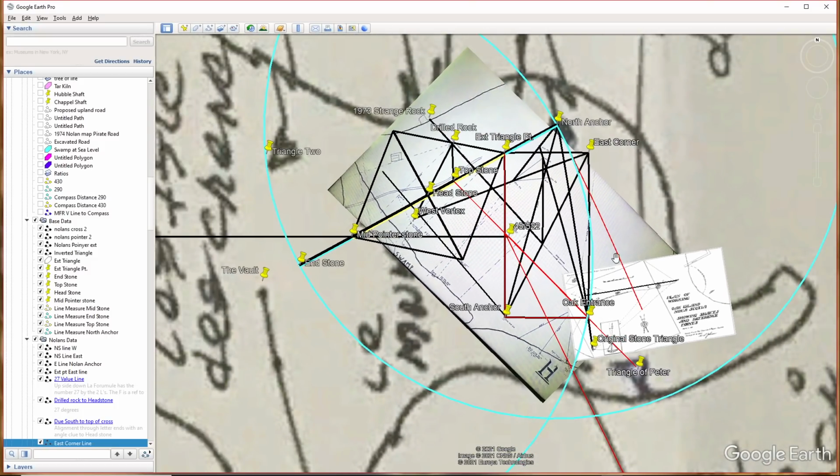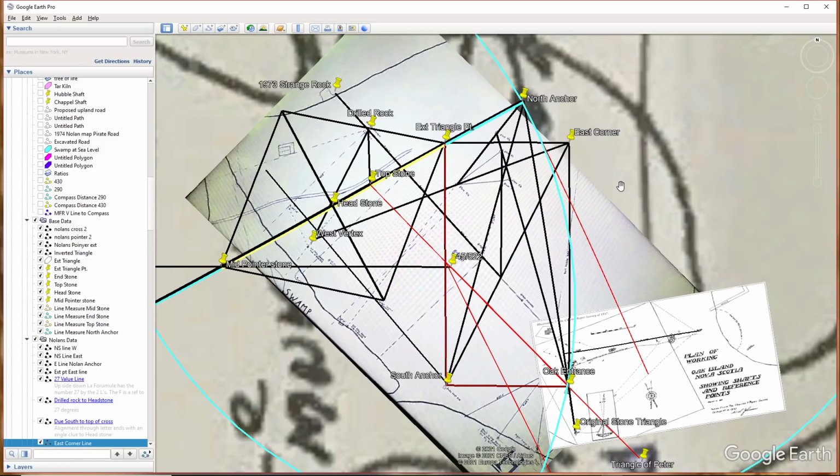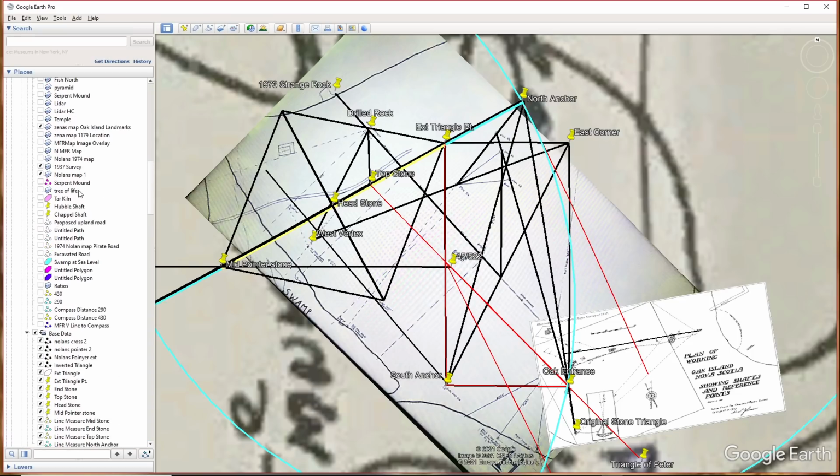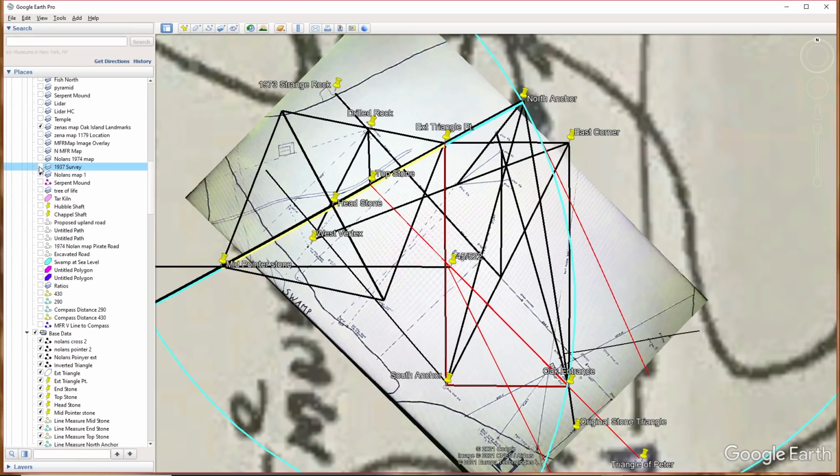I haven't put that up there for a while, so that's Fred Nolan's map and the 1937 survey of the Stone Triangle, the original. So let me take those off and go on to what we were doing before.